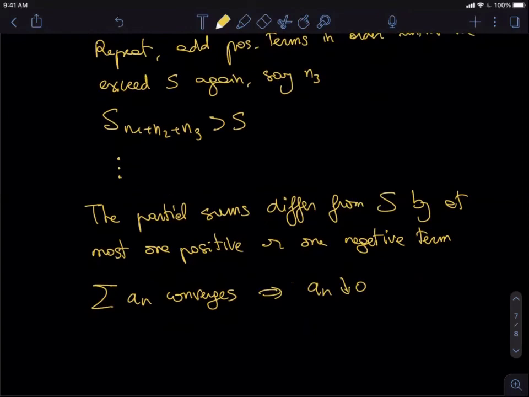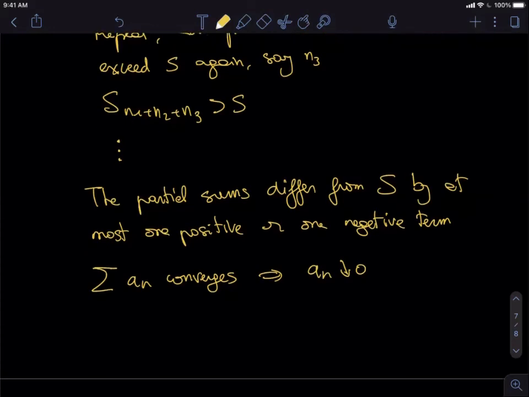It's just a matter of going out far enough in the series until all the remaining terms have absolute value less than epsilon itself. So then the partial sums converge to S, and that proves that the rearrangement actually converges to the S that we decide. And that finishes the proof.